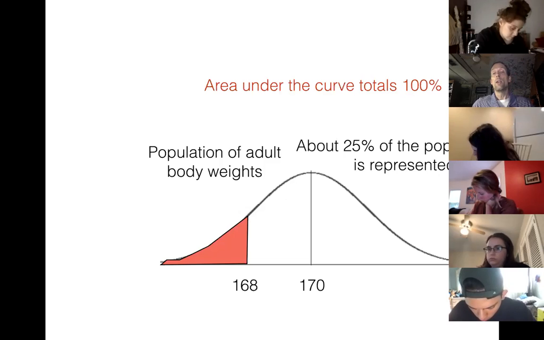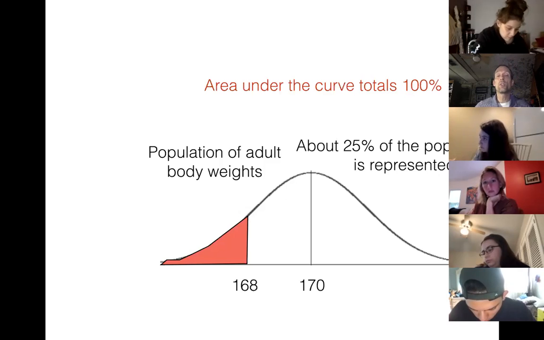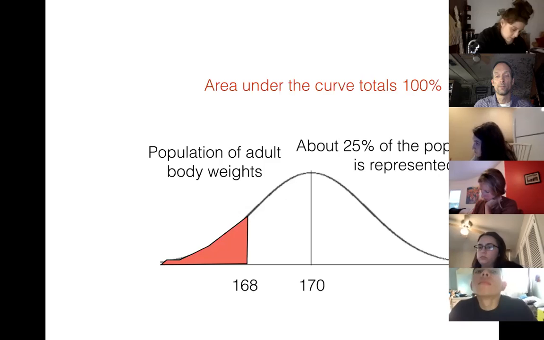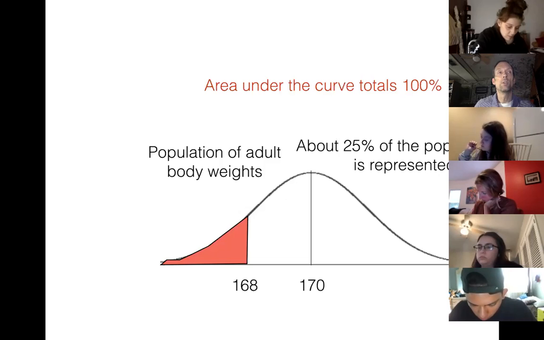Okay, so if we just propose that it's 25% of the population less than 168, because we seem to be representing 25% of our curve area, what's the chance that the next person we encounter is going to weigh less than 168 pounds? What do we think, Eileen? Eileen's number 15. I don't hear Eileen, so I'm going to go to Ashley's number 14.